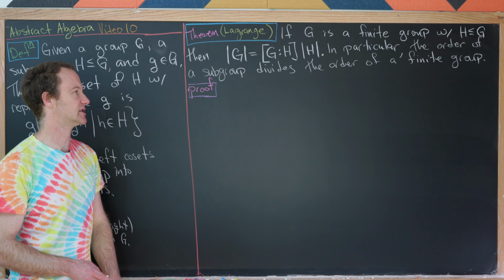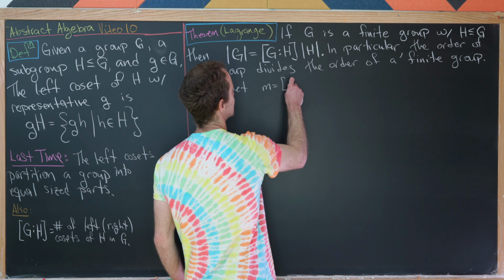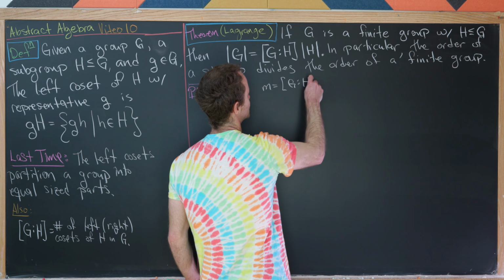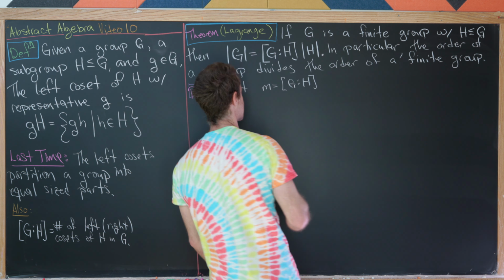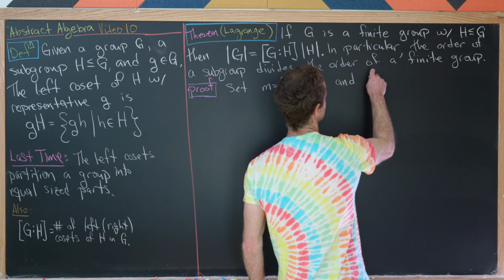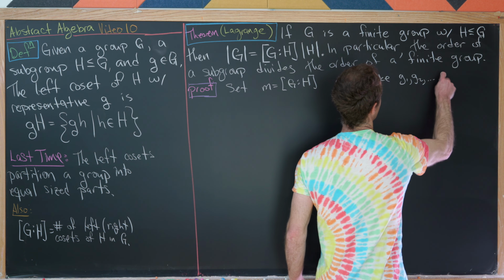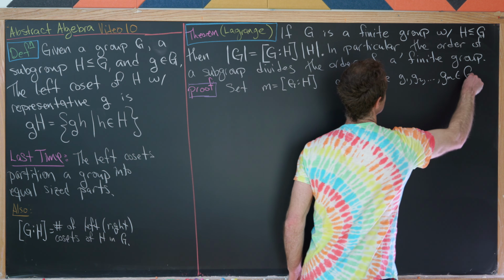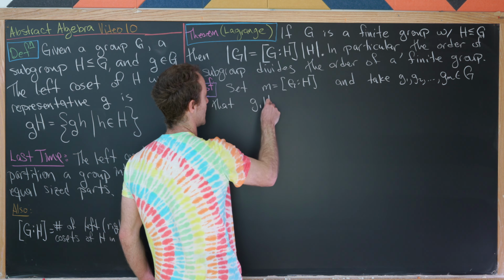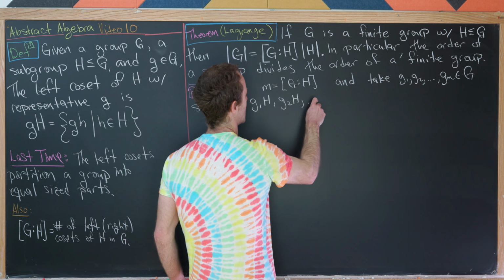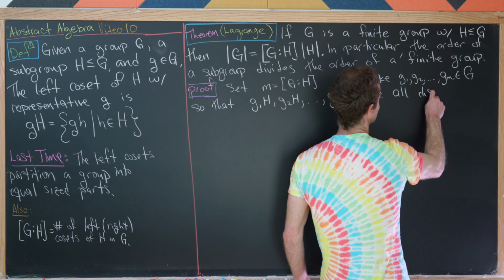Okay, so let's get to the proof here. Let's set m equal to this index, the index of H in G, which means there are m distinct left cosets. Let's make a list. We'll take g1, g2, all the way up to gm, which are elements of G, so that the cosets g1H, g2H, all the way up to gmH are all distinct.